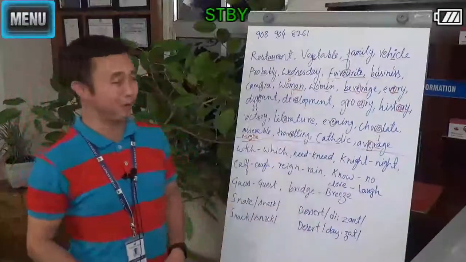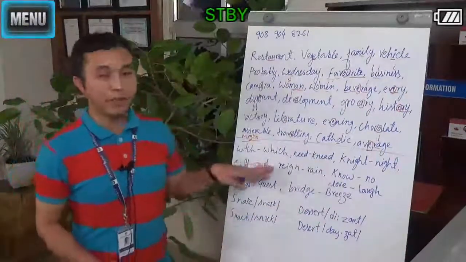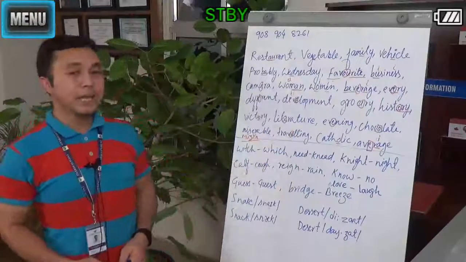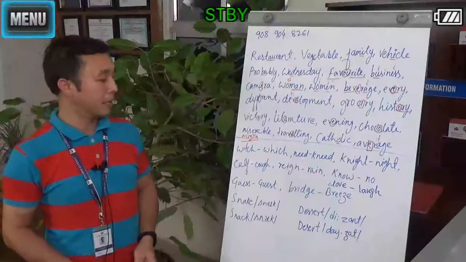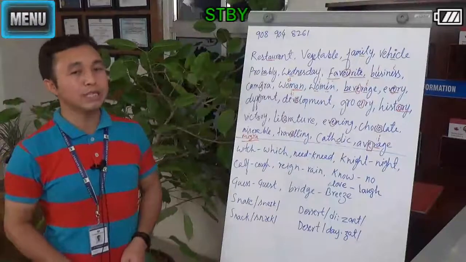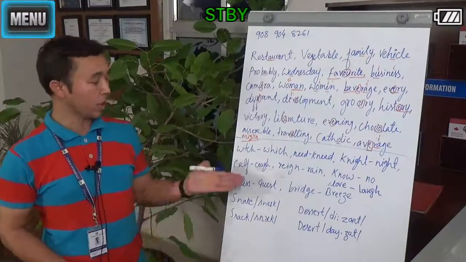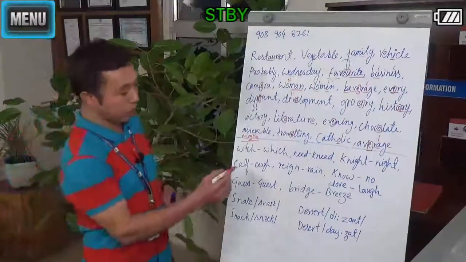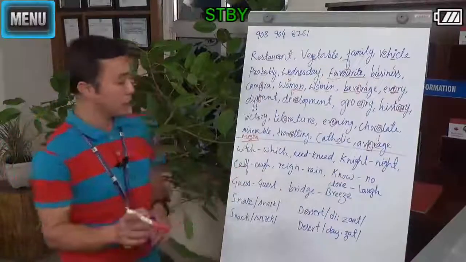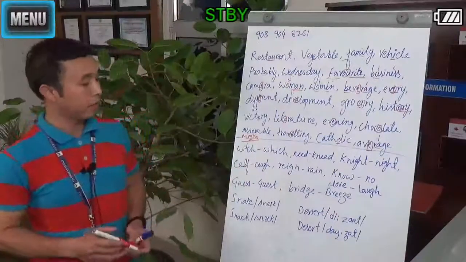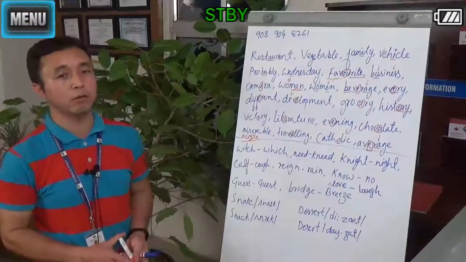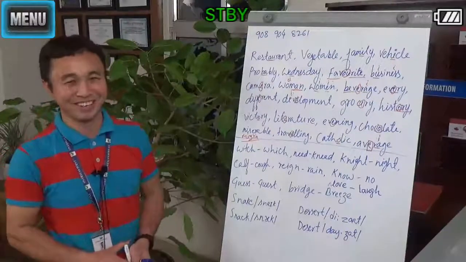And over here next, we have CALF and COUCH. Again, over here we draw a silent consonant L, so this becomes calf, and of course couch.